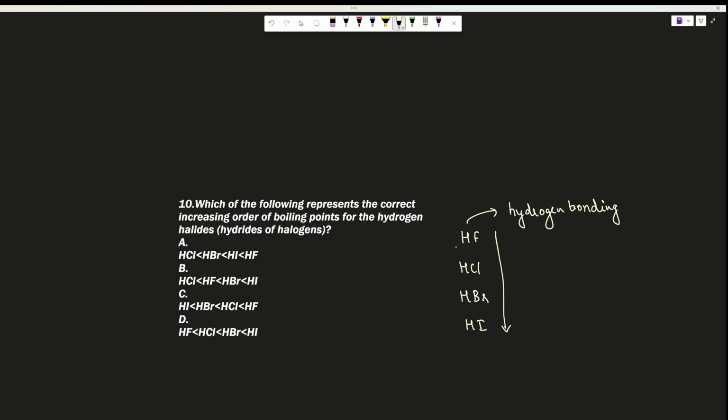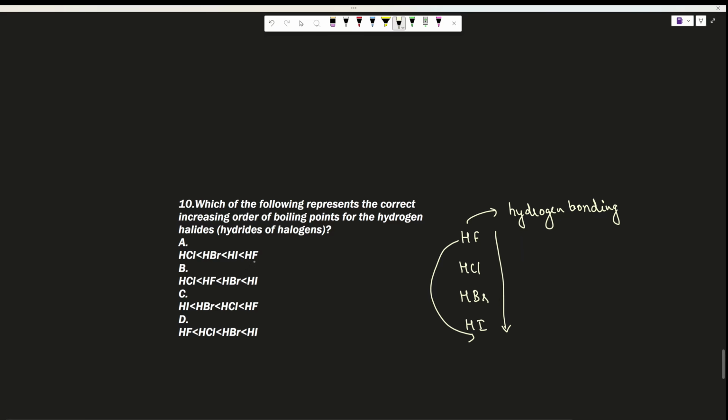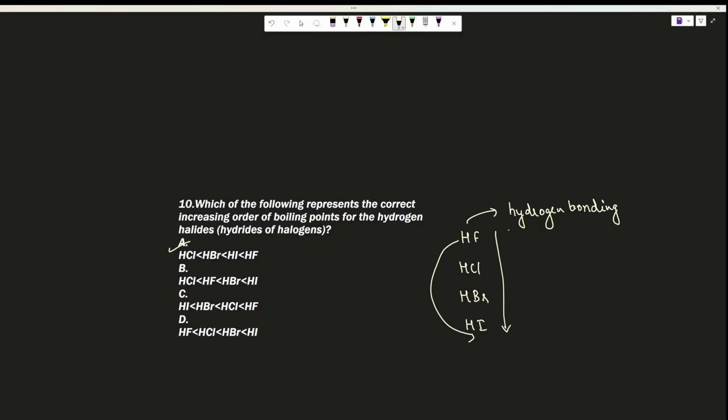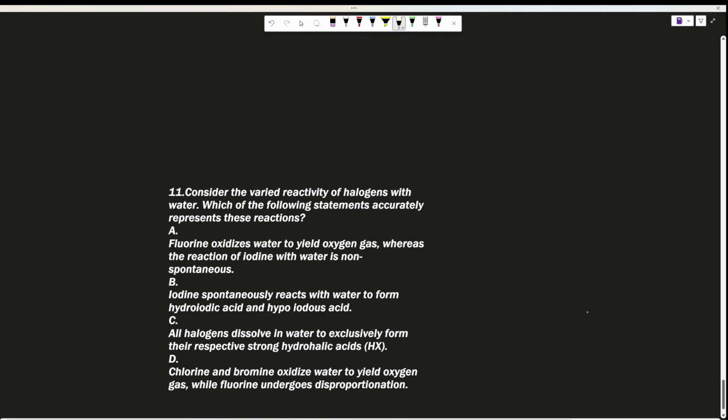It is the highest of all. Remember, it is highest of all. So HF is highest, then it follows the normal trend. That means A is the answer. If it were melting point, there is a slight change. HI will be highest actually, then comes HF. That means HF's position will come there if it is melting point.